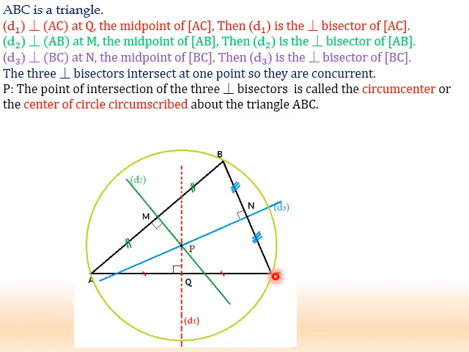If I draw the angle bisectors, then the circle with the center at their intersection is inside the triangle, while if I draw the perpendicular bisectors, their intersection point is the center of the circle circumscribed about the triangle, drawn passing through all the vertices of the triangle.